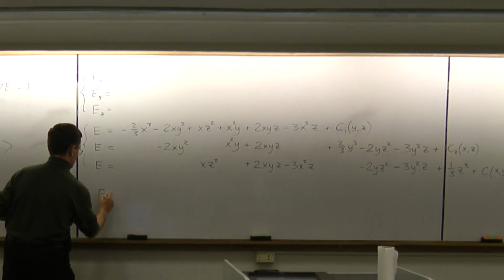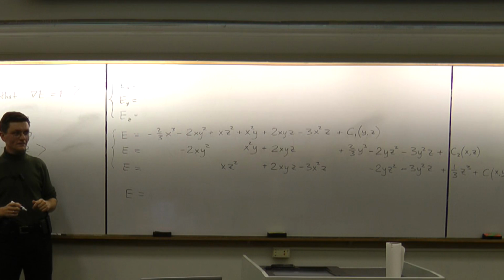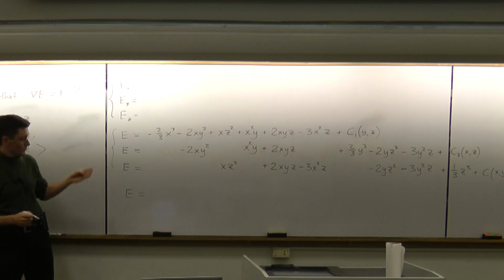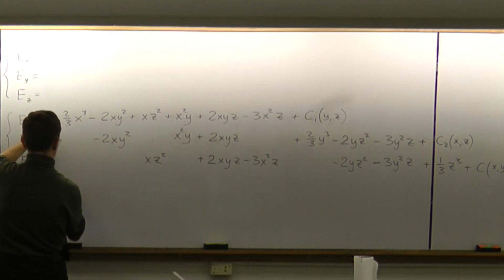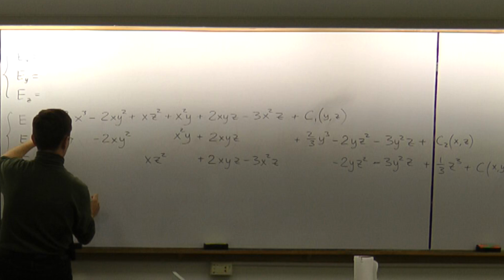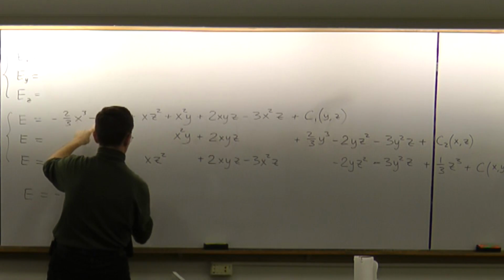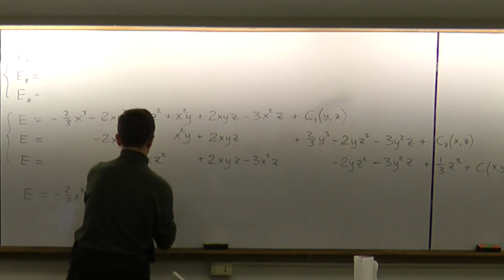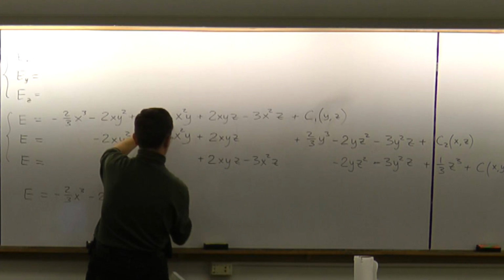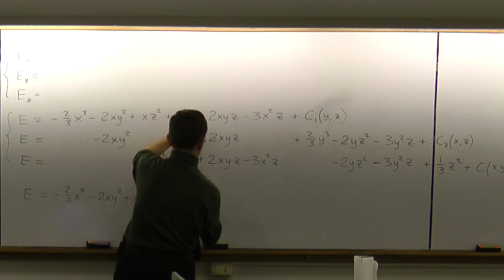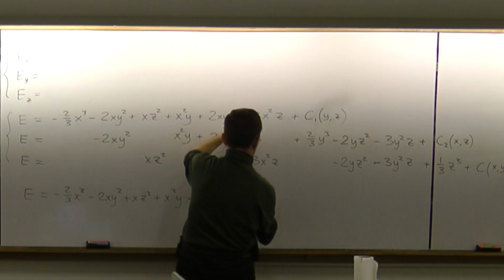Now, are you ready to write down the function? You just read it off, right? From the whole table you have. So, minus 2/3 x cubed minus 2xy squared plus xz squared plus x squared y plus 2xyz minus 3x squared z.